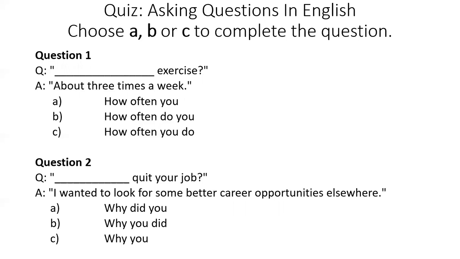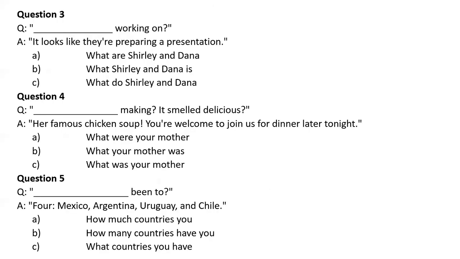And the answer is, I wanted to look for some better career opportunities elsewhere. Question 3. Blank, working on. And the answer is, it looks like they're preparing a presentation.